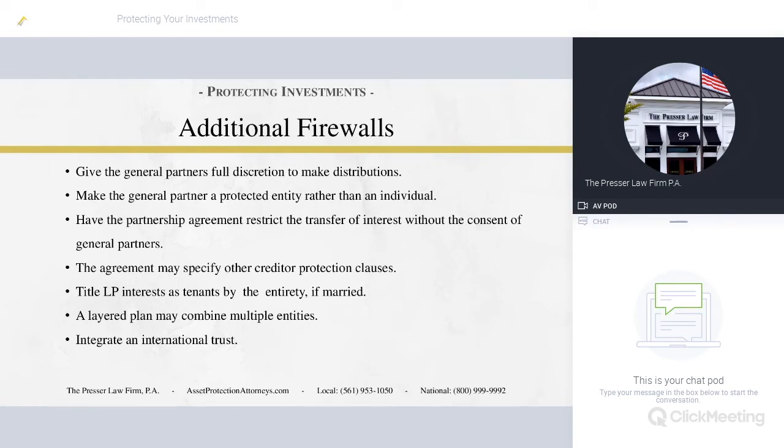We talked about how tenants by the entireties can be integrated into a creditor protection plan. Well, you can do the same thing with a limited partnership. So instead of having a limited partnership interest owned part by husband, part by wife, you can have the limited partnership interest owned as tenants by the entireties.